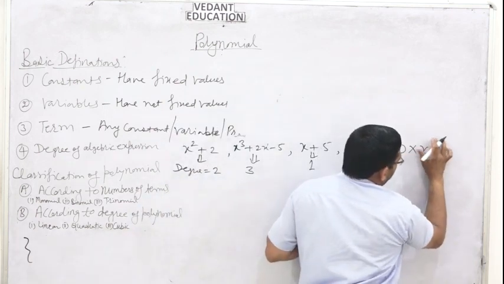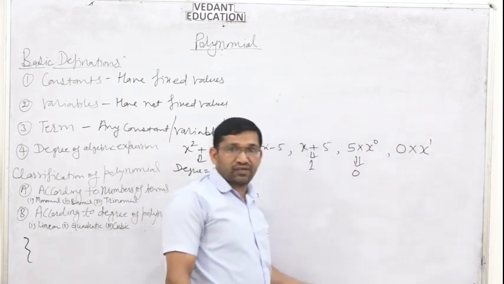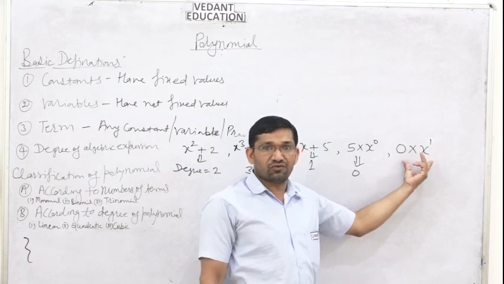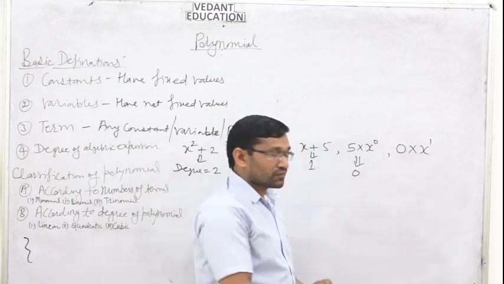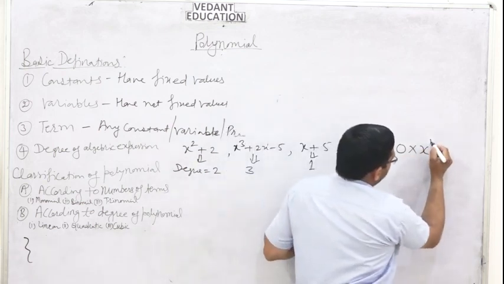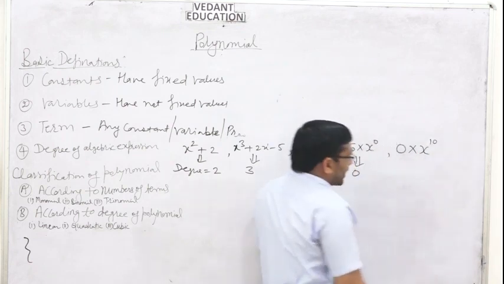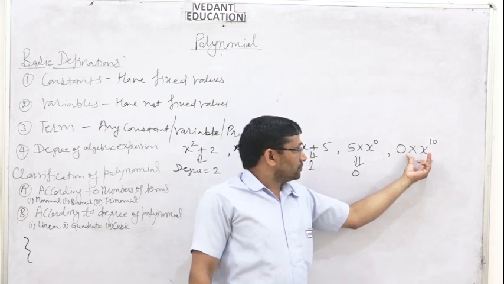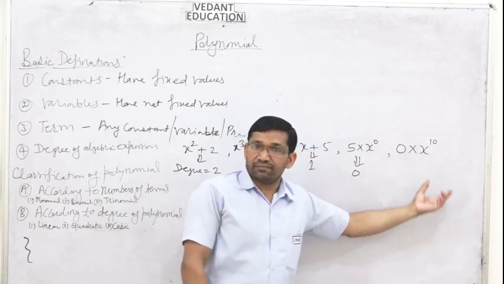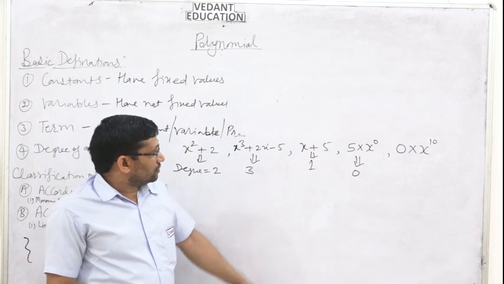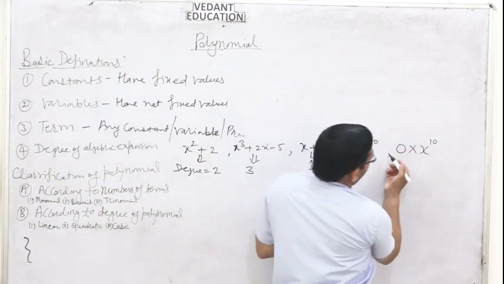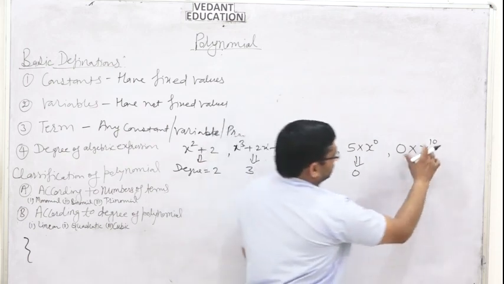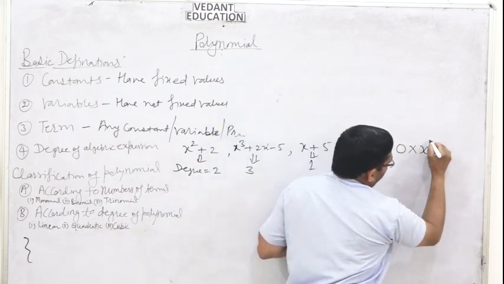We can also write 0 multiply x power 1, because x power 1 is x and 0 multiply x is again 0. We can also represent x power 10: 0 multiply x power 10 is again 0. It means we can represent 0 in the form of x power any whole number.